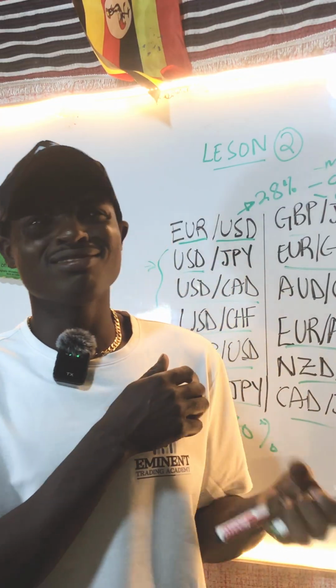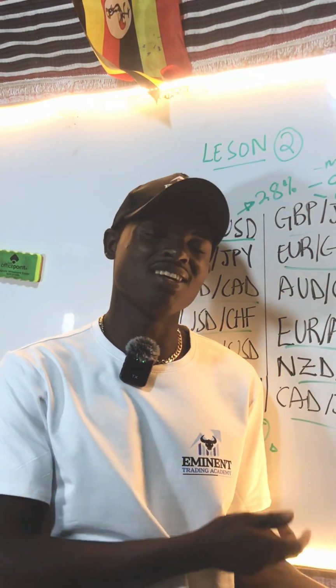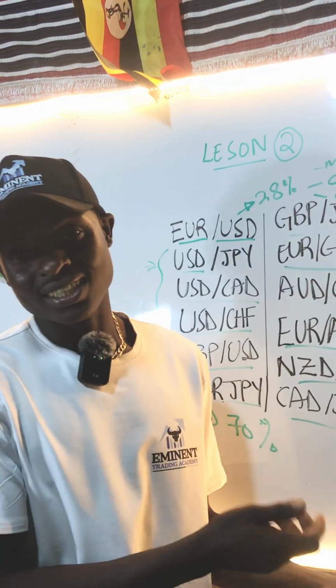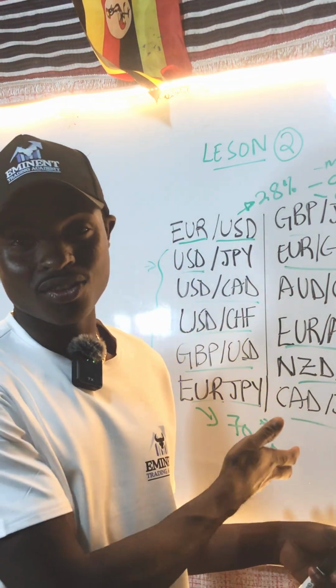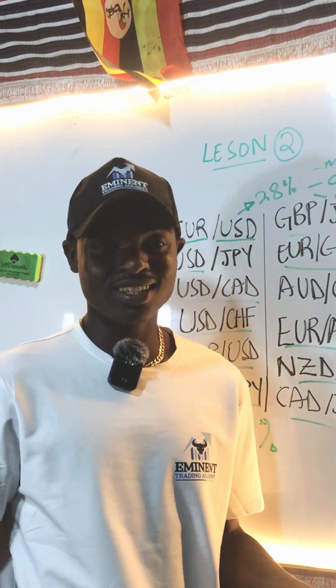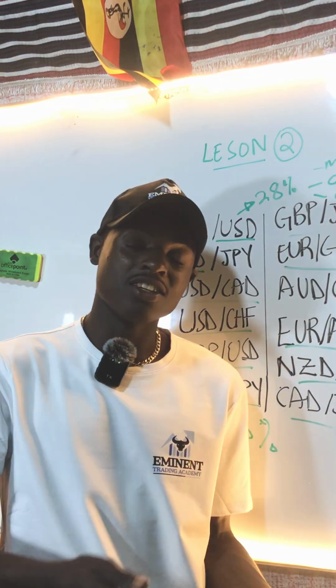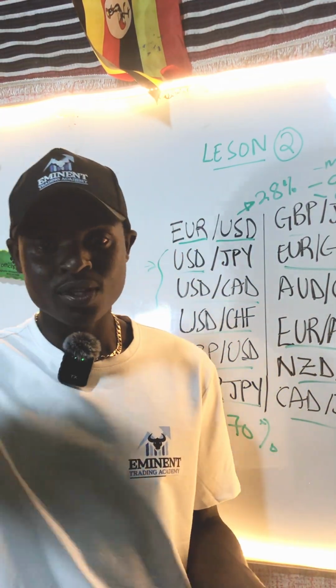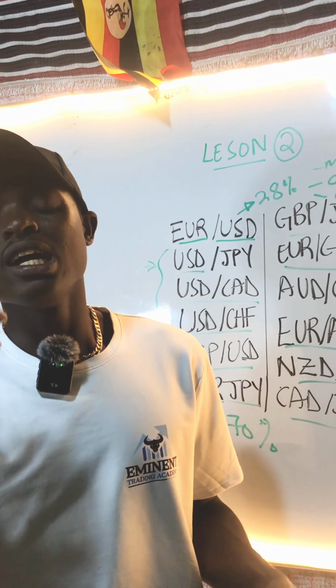They are usually illiquid. They don't have enough money in them, if investors invest in those currencies, you know that. And high spreads. I told you that we shall cover spreads briefly later on.